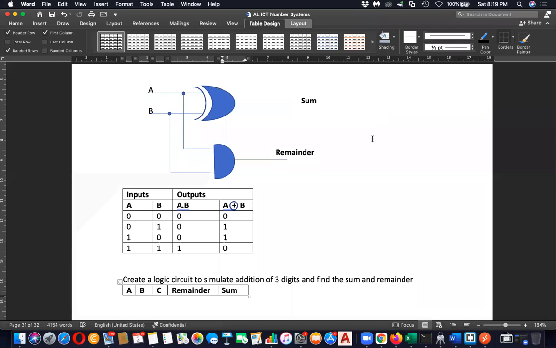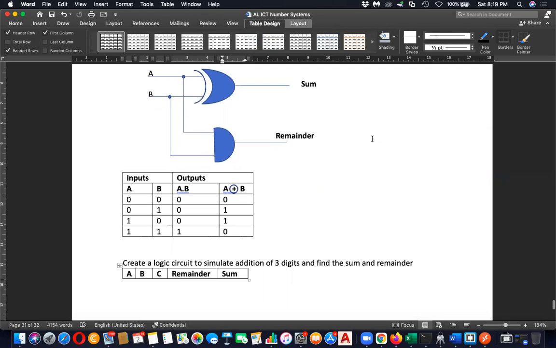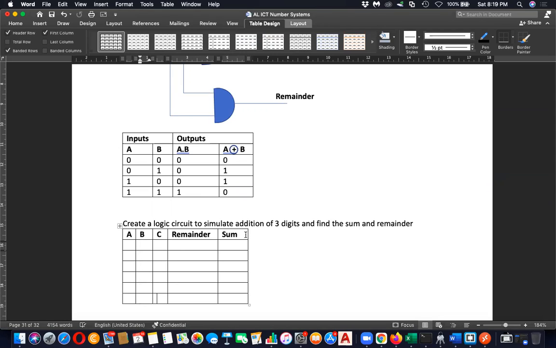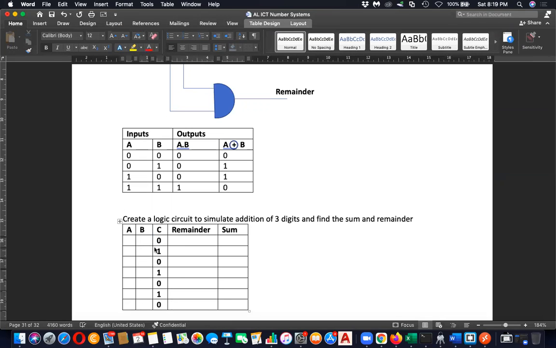Okay, can anyone tell me the solution? Okay, let's fill the truth table first. So it should be 8 combinations. So let me fill 0, 1, 0, 1, 0, 1, 0, and another 1.